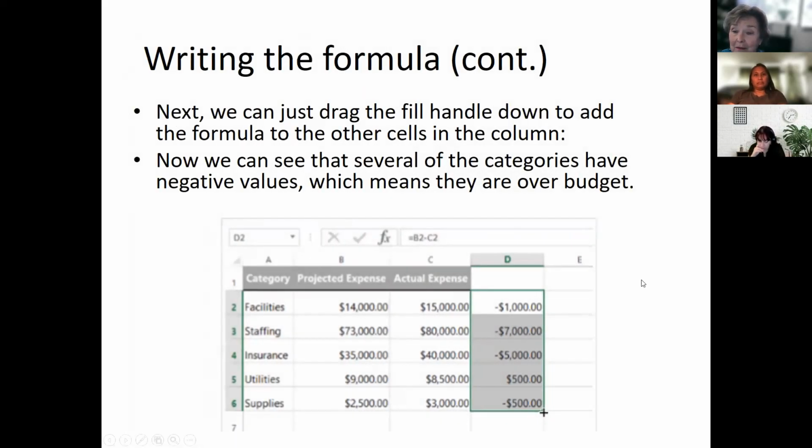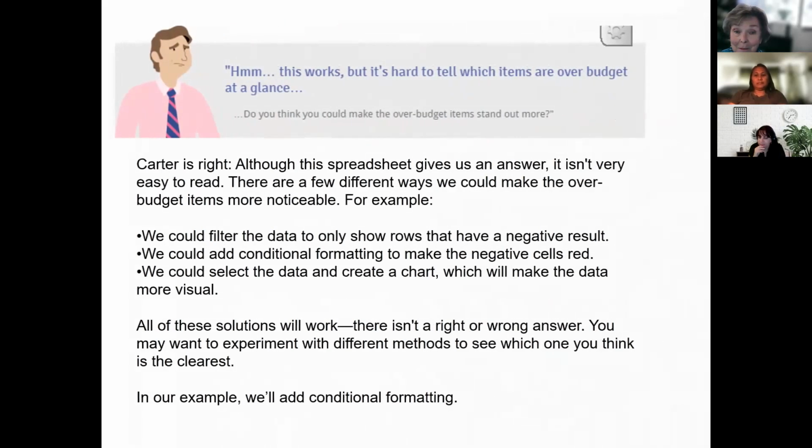Now you can drag the fill handle like this, and it'll calculate it for all the rest of the rows, which is a really nice thing about Excel. You don't have to do this multiple times.